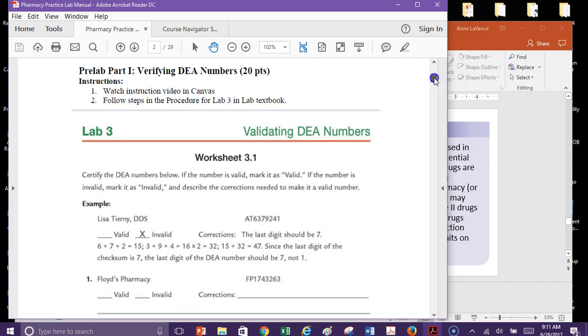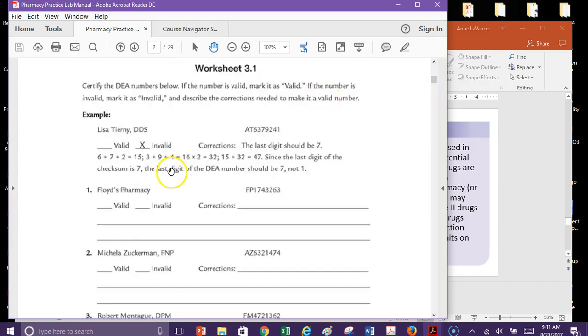It gives you the example here of Lisa Tierney, which we just did. And now we have Floyd's Pharmacy. So you have to identify, okay, a pharmacy should have, what is its first letter? Then its second letter. Okay, now if one of these letters is incorrect, identify.